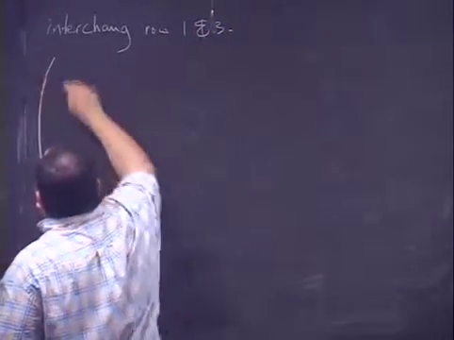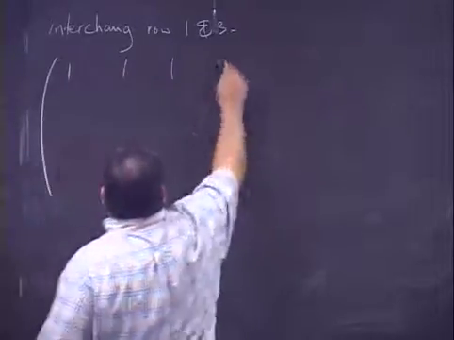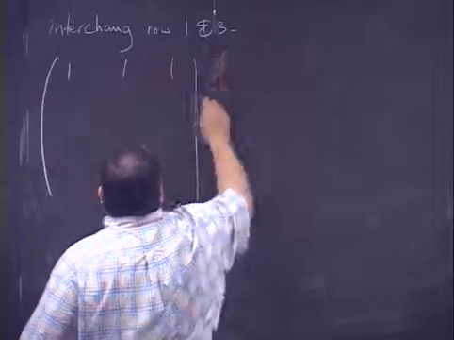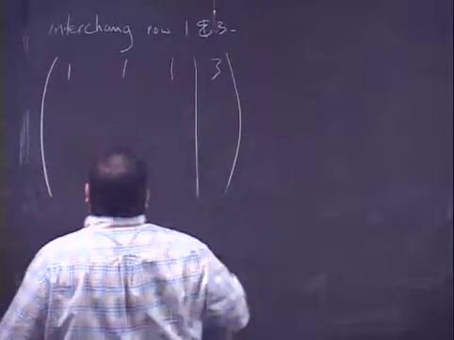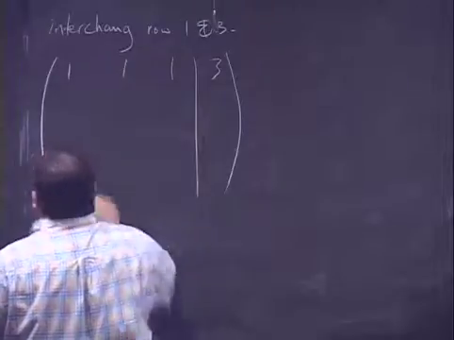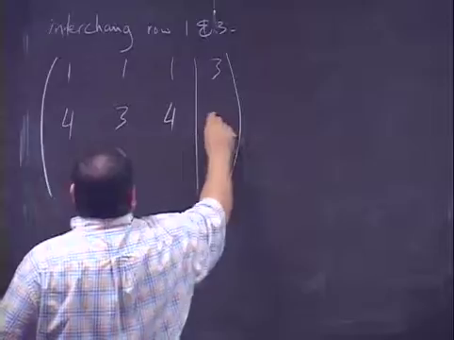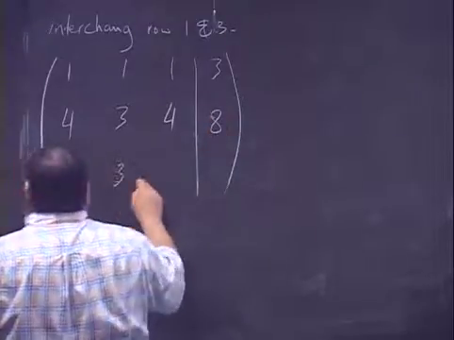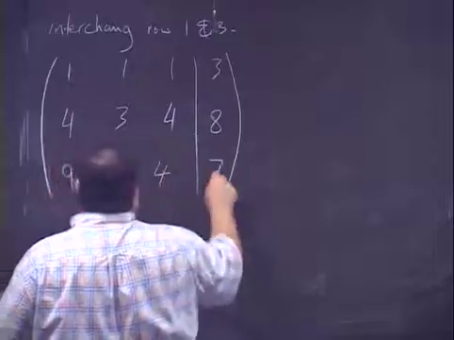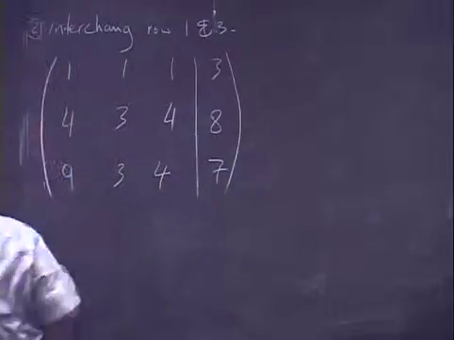This will give us 1, 1, 1, and don't forget to bring also the coefficient B, 3. Then you have the second row the same, 4, 3, 4, 8. Then the third row is replaced now by the first one. So this is number 2.